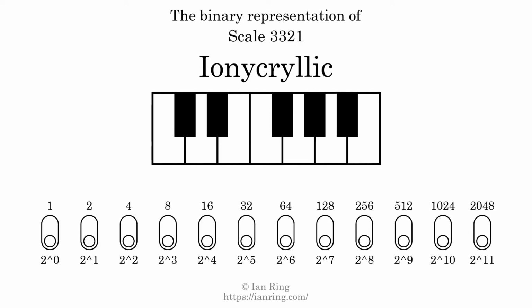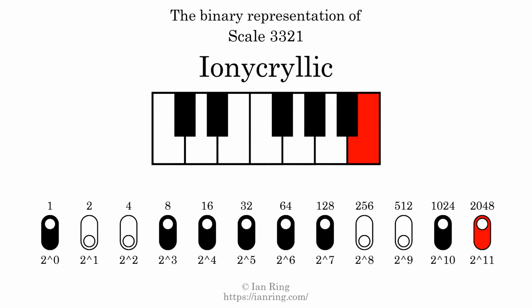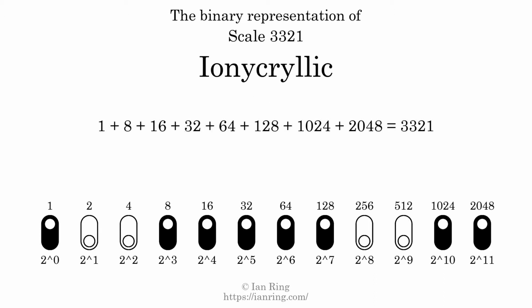The binary representation of this scale is determined by mapping tones of the scale to binary digits. Each binary digit represents a power of 2. To get the scale number, we add the powers of 2 together. The powers of 2 that are present in the scale, all added together, equals 3321.